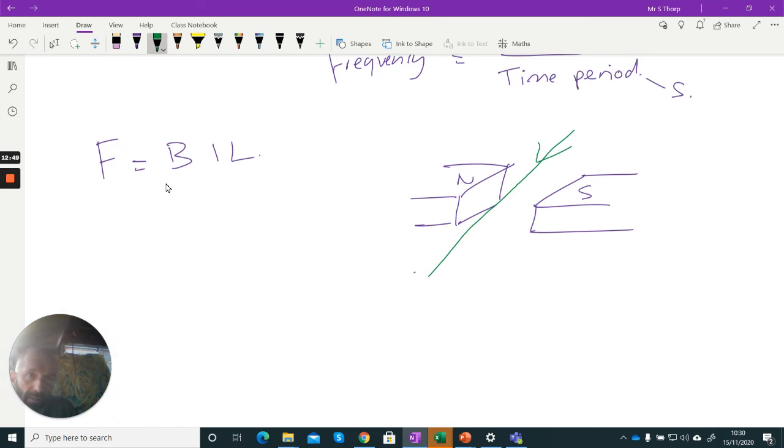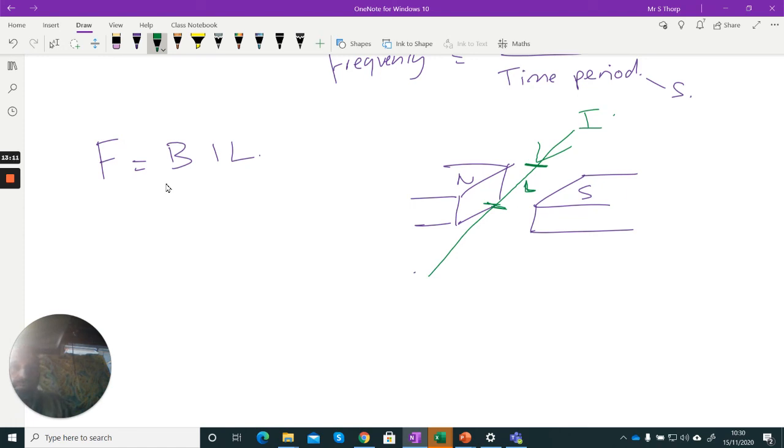Now the length of the wire in the magnetic field is going to be that length there. So that is L. Okay, and we've got a current I travelling through this wire. So this is a wire going through a magnetic field with a current travelling through it. And the important thing is the length of the wire.